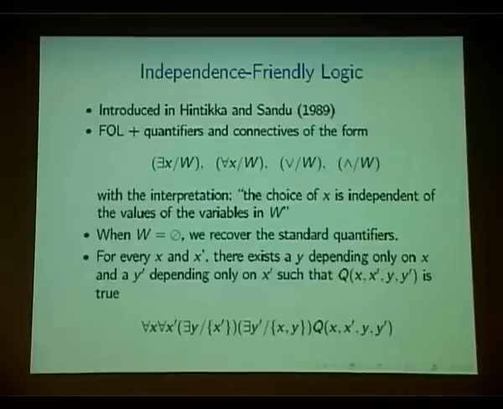A sentence like the one containing the 4 quantifiers that cannot be expressed in first order logic will have this form: for all x prime, there is a y, which is independent of x prime, and a y prime, which is independent of x and y, such that the relation holds.